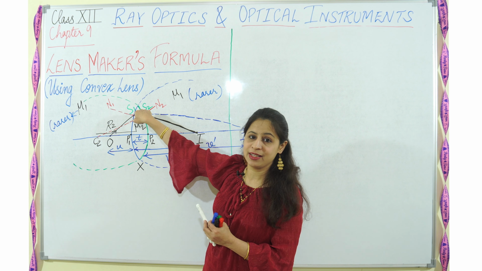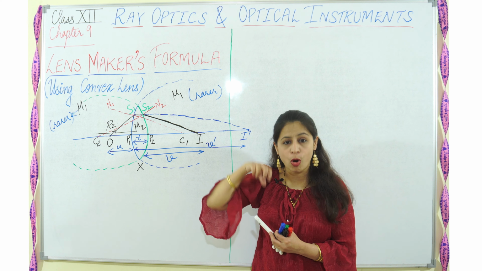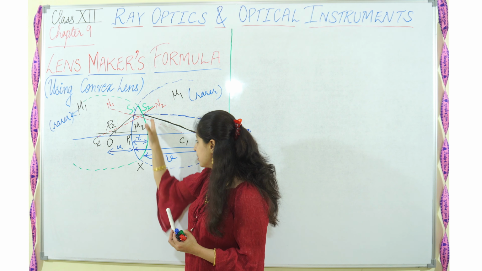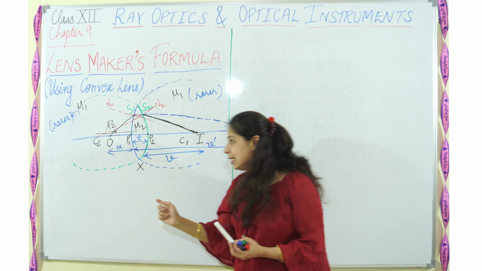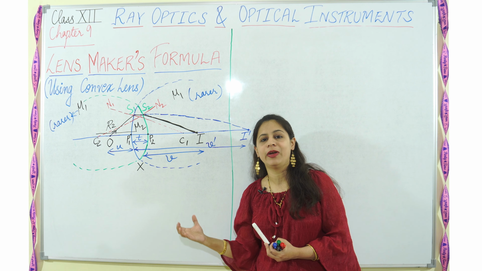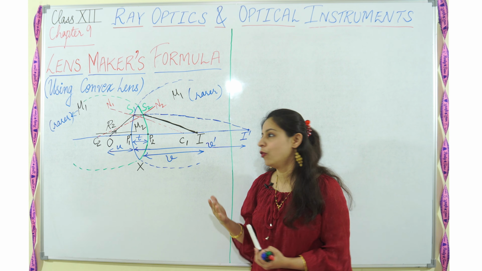That virtual object now gets refracted through the second surface, and my ray travels from a denser medium to a rarer medium. So it bends away from the normal.